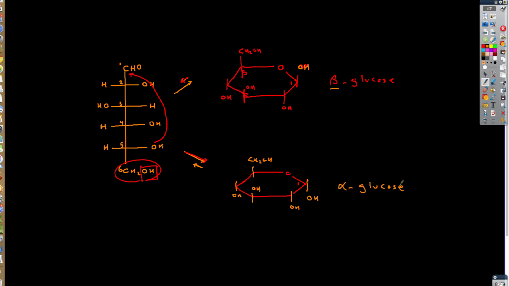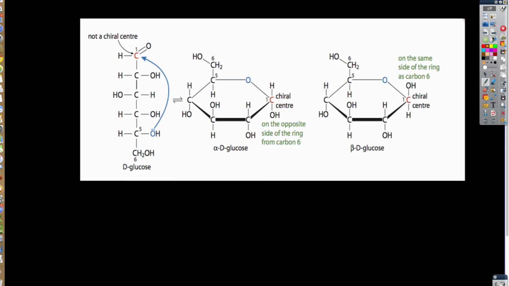Now, to summarize this, I'm just going to give you a cleaner version of it. So this is D-glucose. Now, in aqueous solution, it will be cyclic. If the OH is on the same side as carbon 6, then you're beta. If the OH is on the opposite side from carbon 6, then you are alpha.